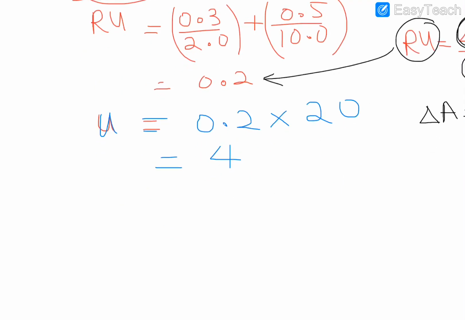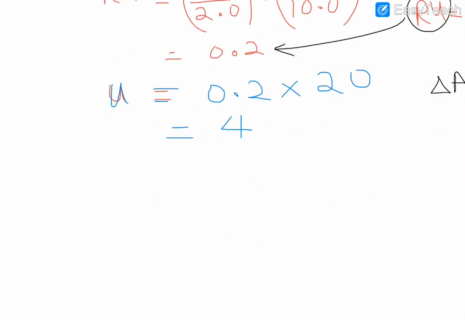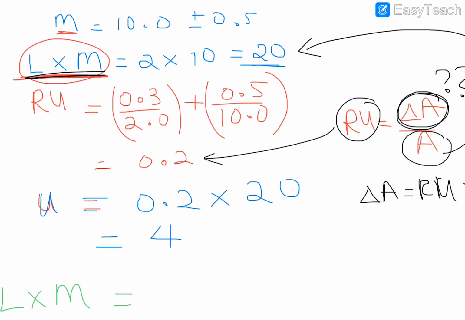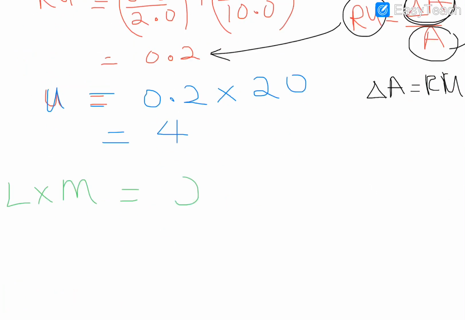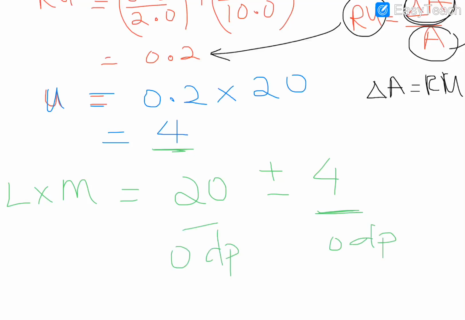So then I am going to report my results. So L times M is equal to my value here, 20, plus minus my uncertainty, which is 4. This is to 0 dp. Okay.